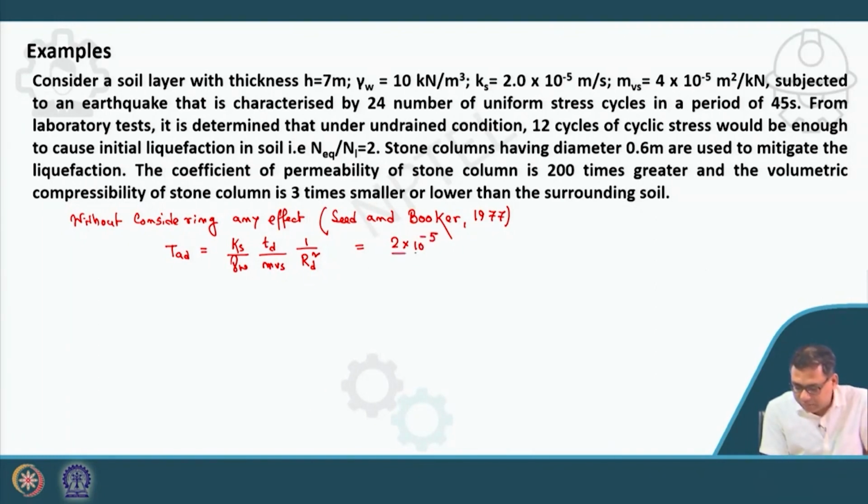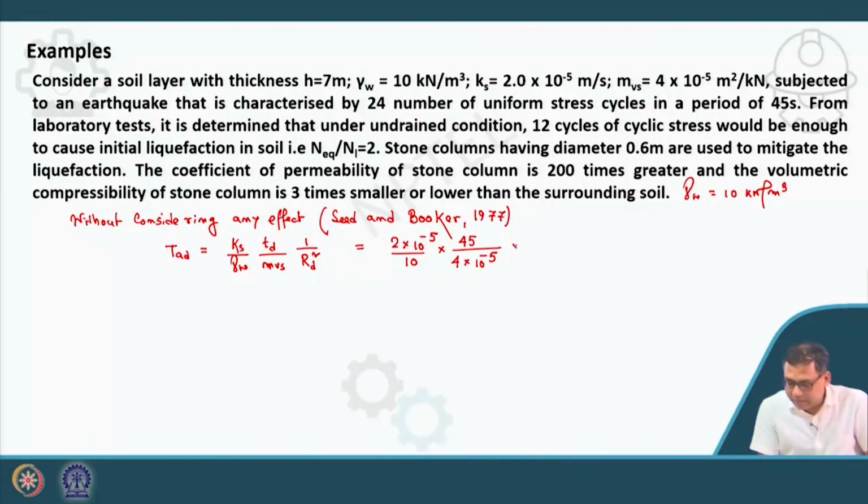Gamma_w, I consider 10 kilonewton per meter cube. Then t_d is the duration of the earthquake, which is 45 seconds. Then m_vc is 4 into 10 to the power minus 5.